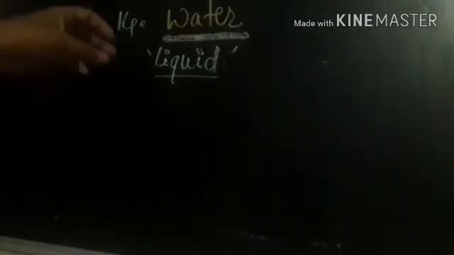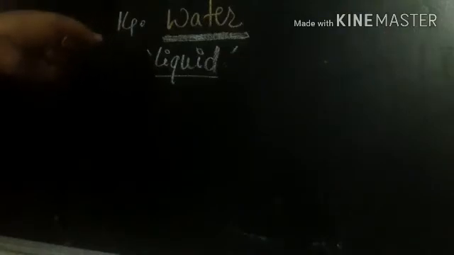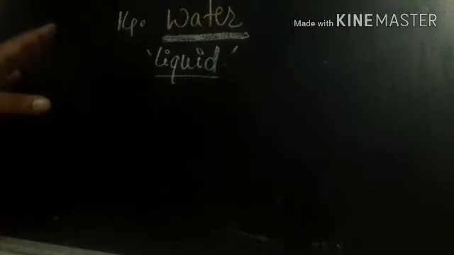Here, not only human beings, even plants, animals, birds, all require water to survive. So water is one of the natural resources which is very important for the survival of all animals, birds, plants, etc. So you could say that living things require water, right?